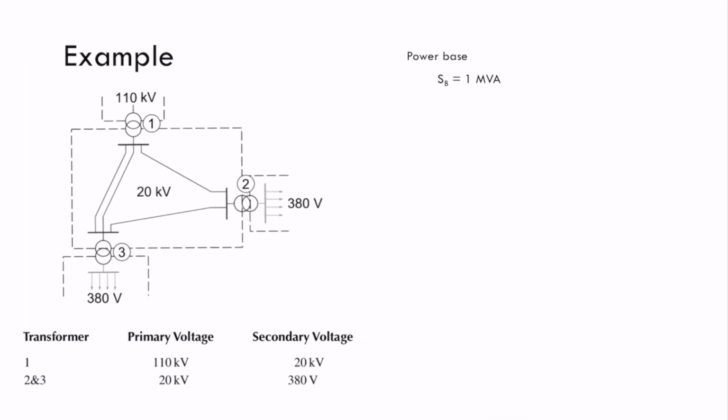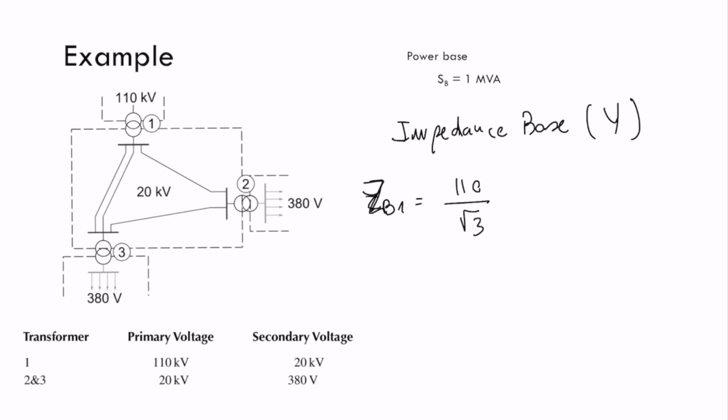I will pass here. For the impedance base, for those that are connected in Y configuration, we can compute them like this. ZB1 is equal to 110 divided by the square root of 3. Yes, this is the voltage for one phase, divided by the current, right? And the current base for 1 is 5.24.